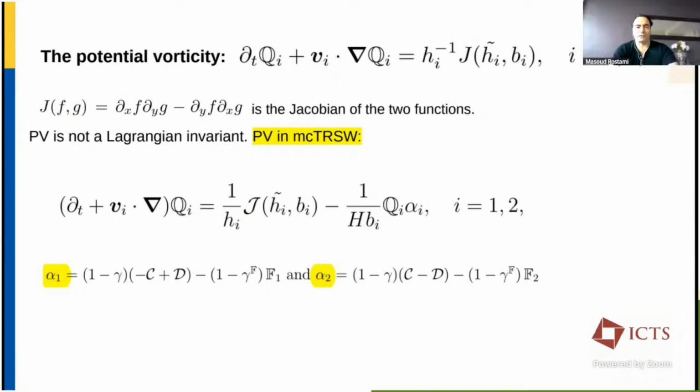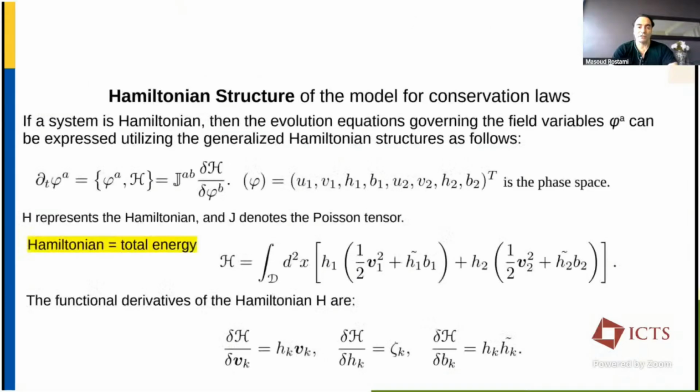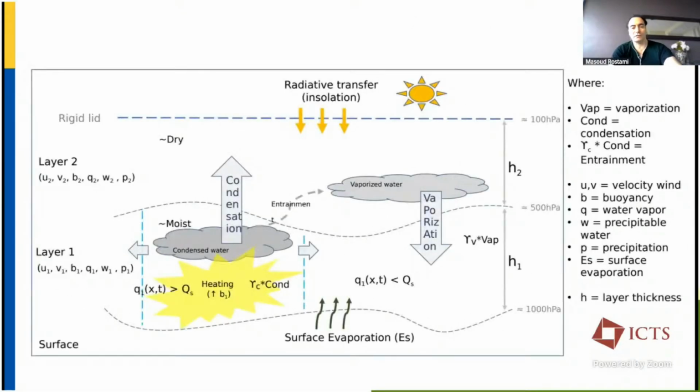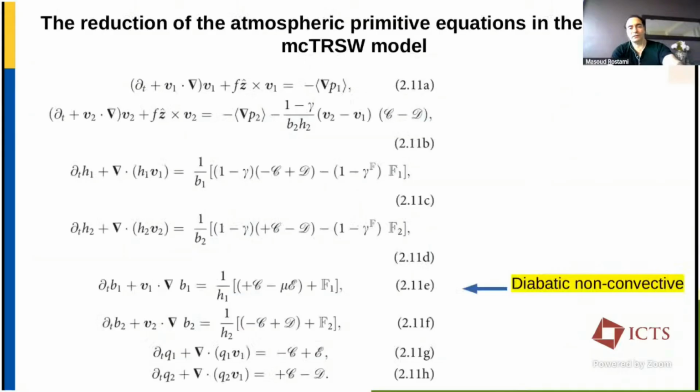Yeah, in fact, in the Hamiltonian, here it's showing the potential vorticity, but for buoyancy, as I showed, it's here. You see, 2.11 E and F, B1 and B2. Right, so is density still constant in each layer? No. Density, in fact, here is translated to buoyancy in the atmospheric layer.